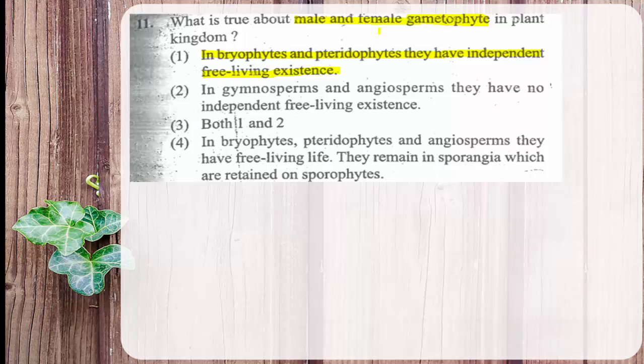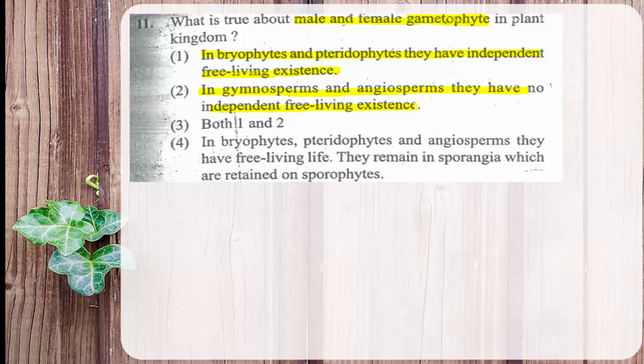It is true. The male and female gametophytes have independent existence in both bryophytes as well as pteridophytes. In gymnosperms and angiosperms, they have no independent free existence. In gymnosperms as well as angiosperms, the gametophyte doesn't have independent free living existence.